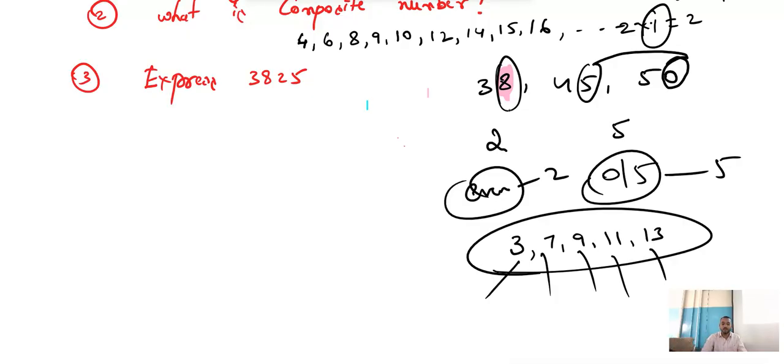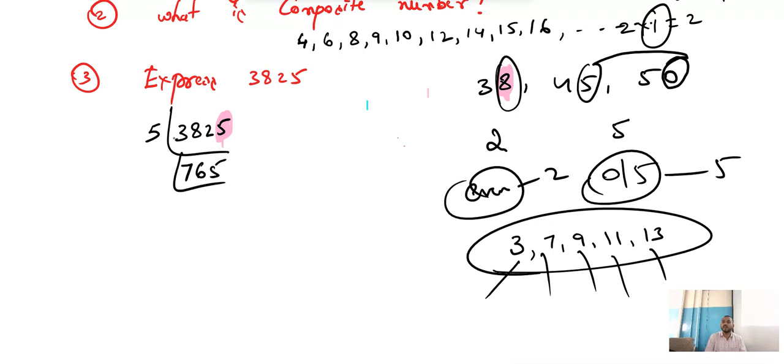Now, example. What is your number? 3825, right? Now we have to find the prime factors. What is the last digit? Ending with 5, so we should take 5. 5 sevens are 35, remainder 3. 32: 5 sixes are 30, remainder 2. 5 fives are 25.